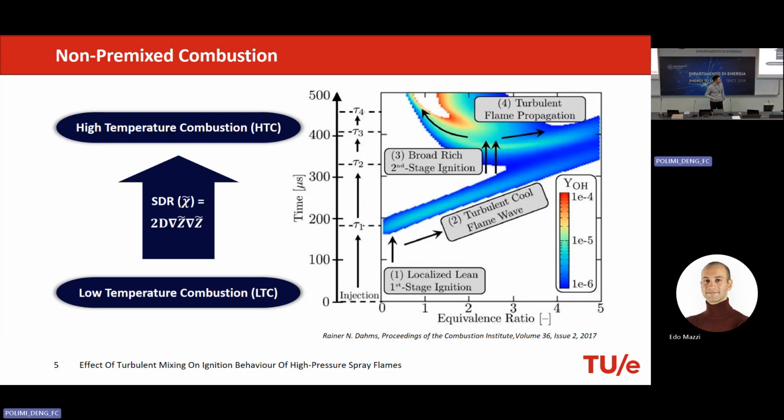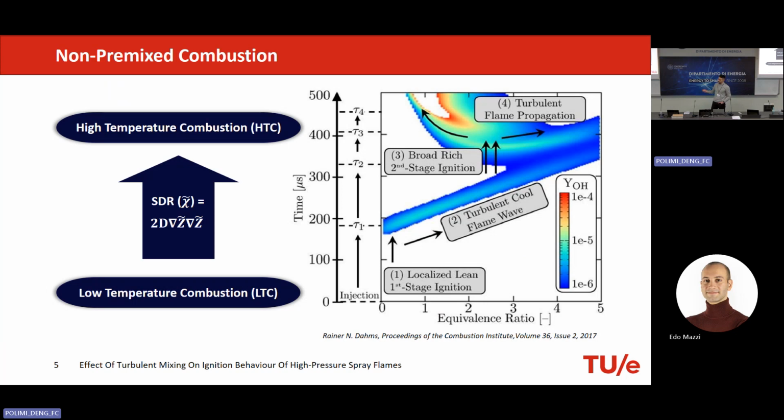I borrowed this very useful image, in my opinion, which classifies the phases of combustion into a localized lean first stage ignition, after which we have low temperature combustion, and the time after which we find this low temperature combustion is mainly influenced by the chemical kinetics, as you can imagine.